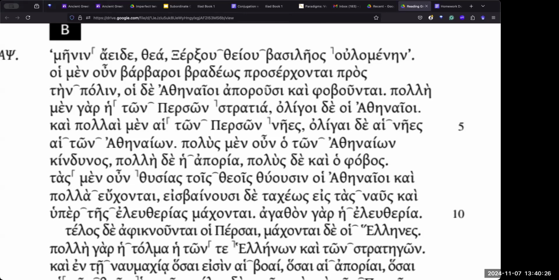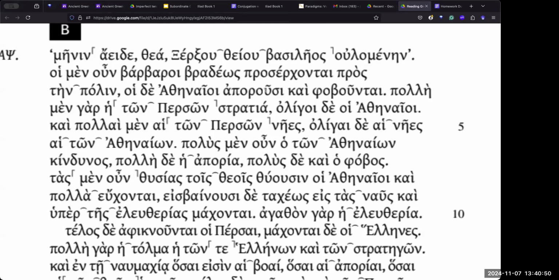You're adding the augment and switching out the ending. Phobountai then becomes phobounto. So you just put epsilon in front, and you turn that -ai into an -o. You see that? Okay, so now we've got: the Athenians were at a loss and they were afraid.